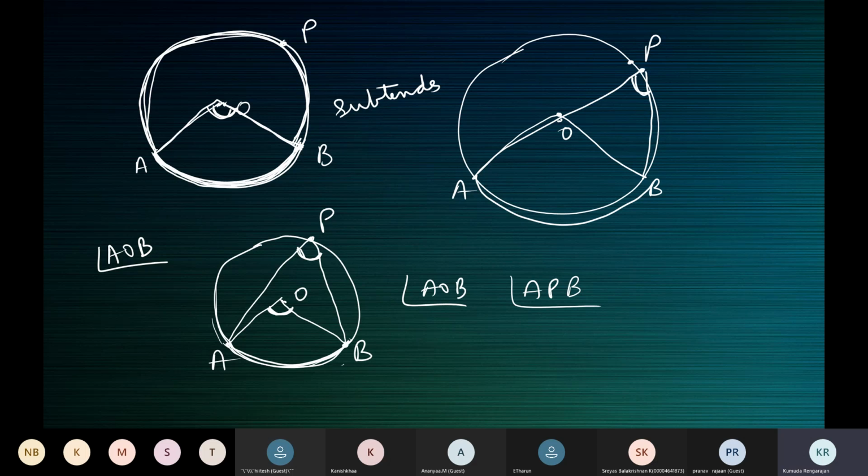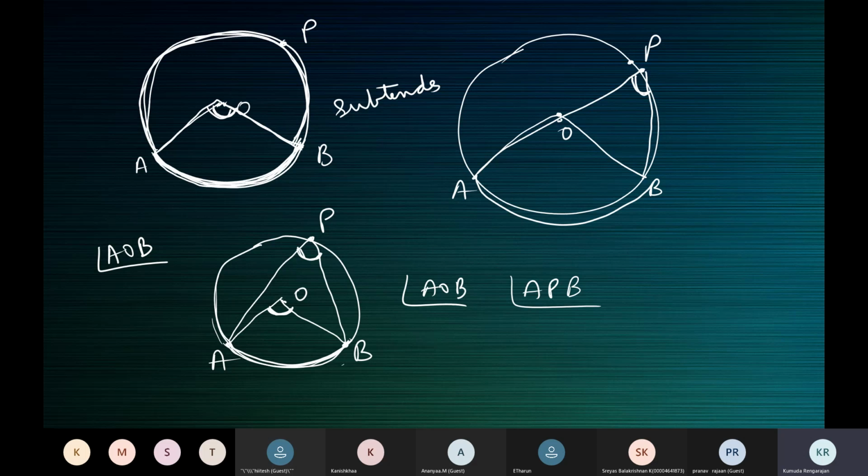Listen carefully. Angle APB is the angle subtended by minor arc AB at the point P on the remaining part of the circle.